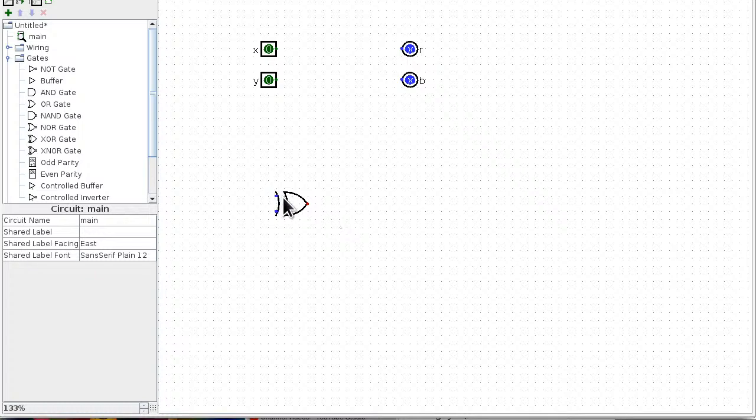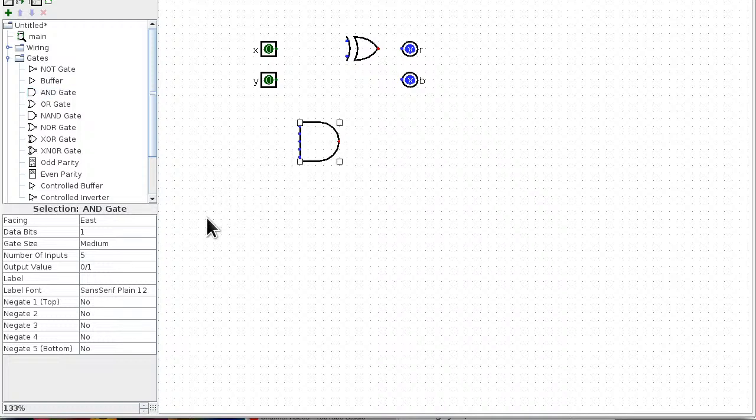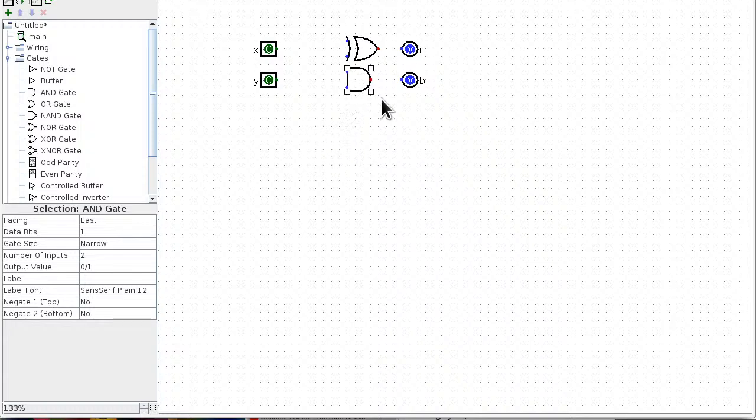There we go. So this is going to compute the result, and to compute the borrow, we're going to need an AND gate. So once again, change the number of inputs to 2 and change the size to narrow. So now we have the borrow.